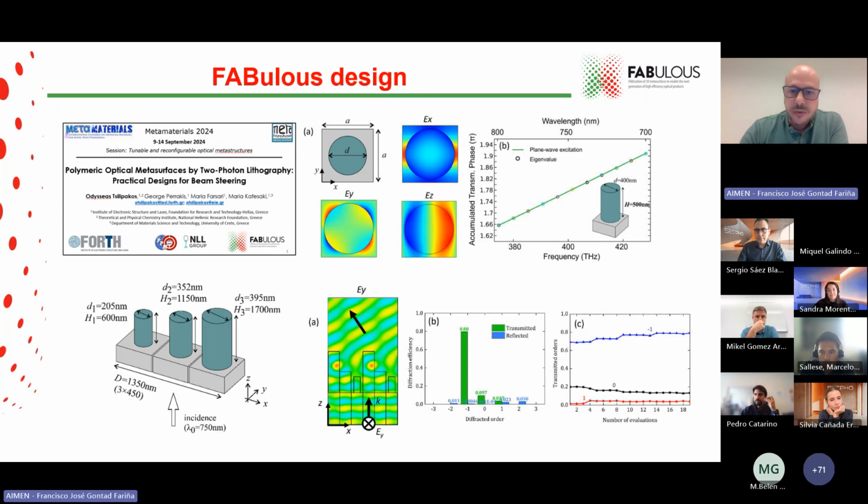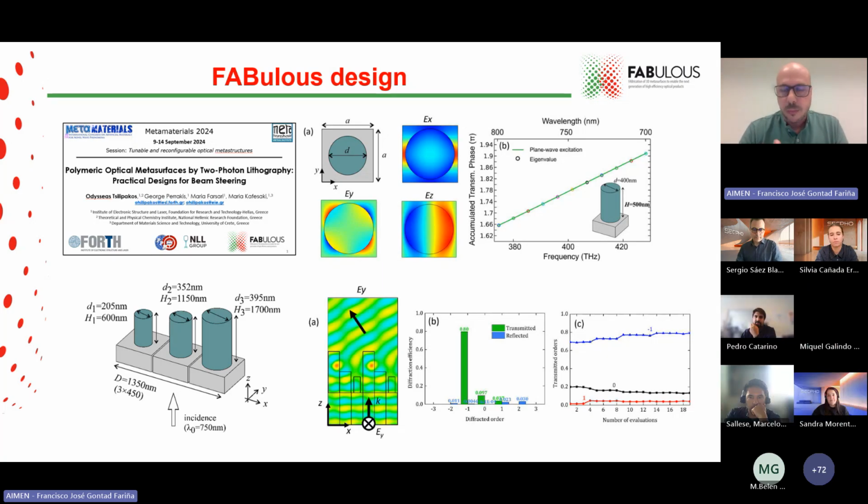So, as I mentioned, we work on the design and on the manufacturing. In order to design the structure, we have to define which is the meta-atom that we are using for the fabrication of the metal surface. The easiest way to do it is to have a small design and design this structure based on accumulated phase propagation of a light wave.